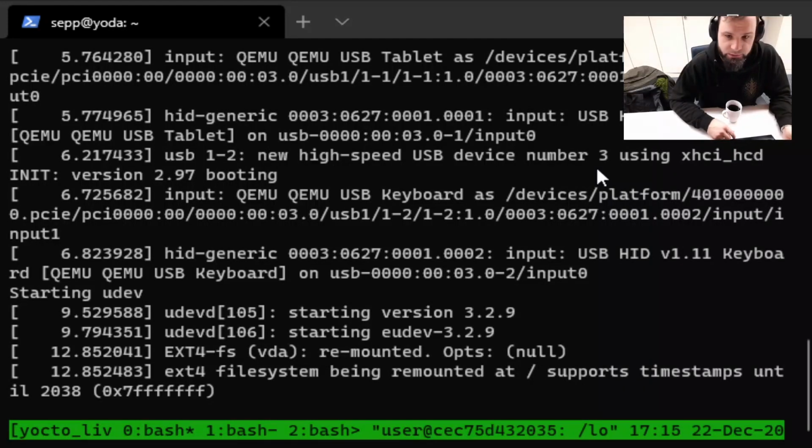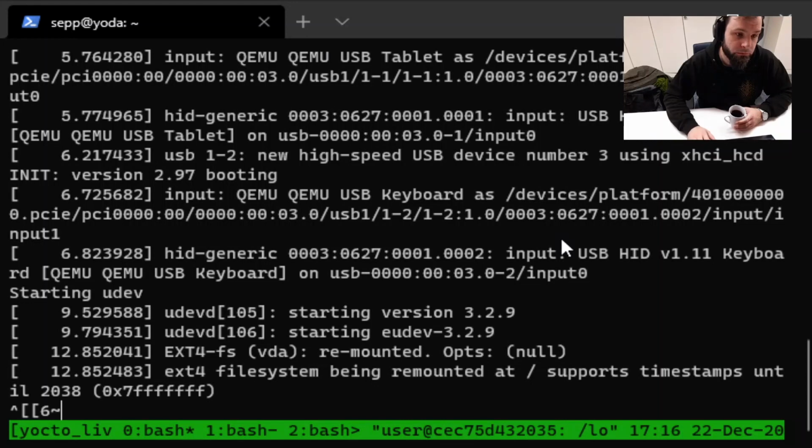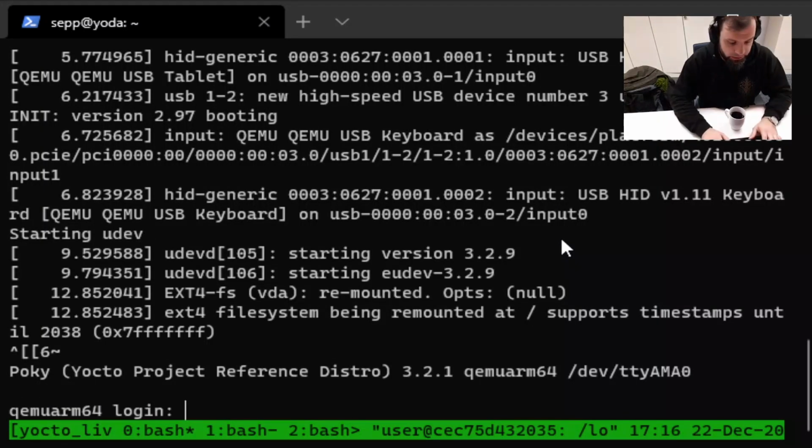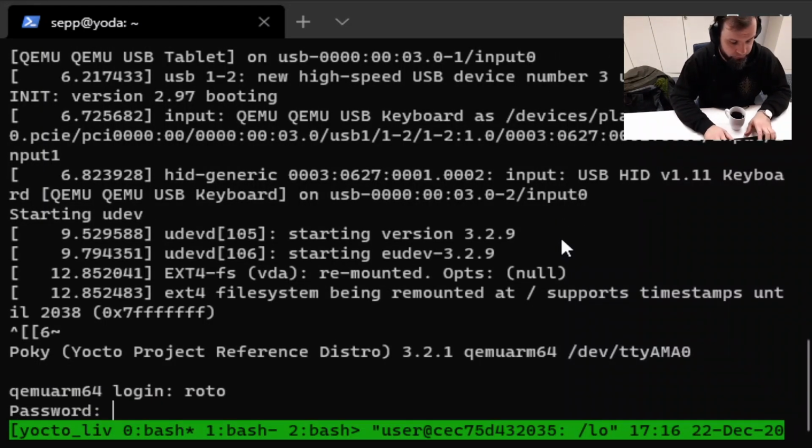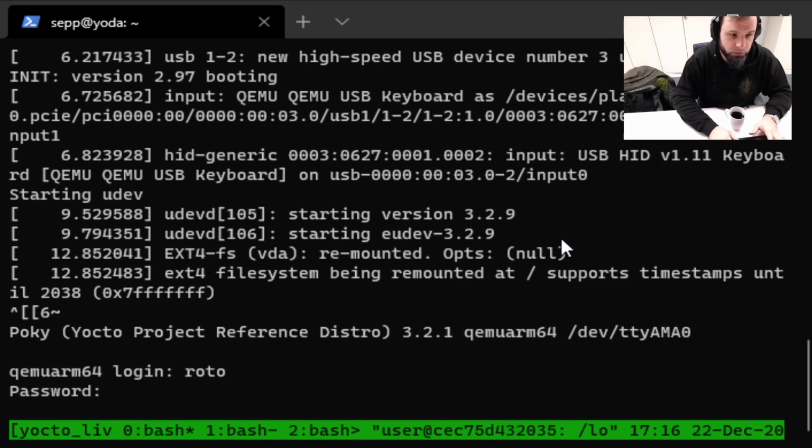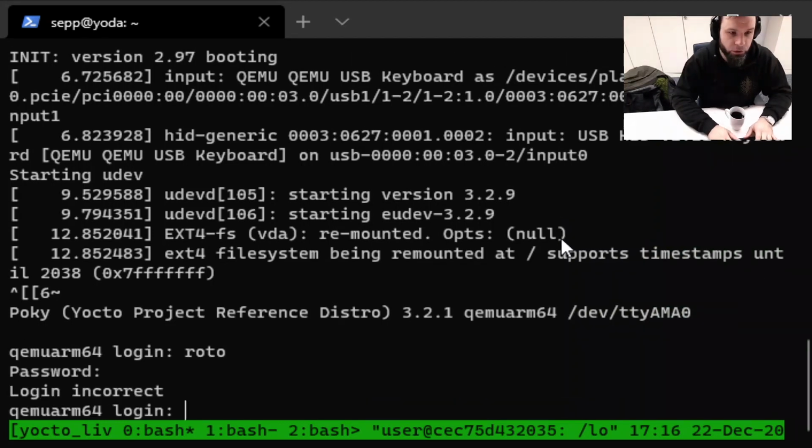Makes it easier for us. So the usual booting and waiting. Okay, it's the outer. Root. I cannot log in as root.